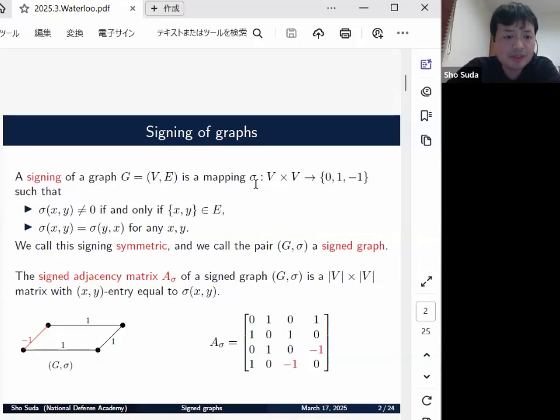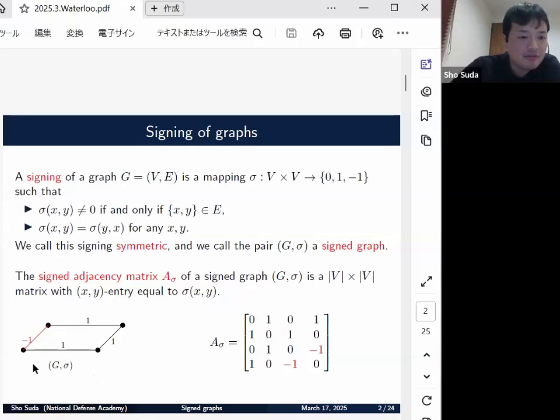Likewise, as in the usual algebraic graph theory, we can define the signed adjacency matrix, denoted A sigma, as follows. It's a square matrix of order |V| whose columns and rows are indexed by the vertices, with xy entry equal to the sigma of x and y. For example, if we look at this picture, this is a signed graph with the underlying graph G being C4, the cycle on 4 vertices.